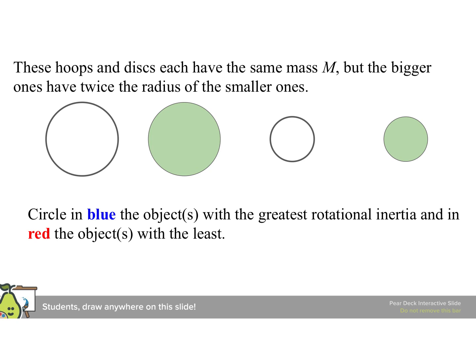All right, so we know that in general, the hoops will have more than the disks of the same size. So we know that this is more than that, and this is more than that in terms of rotational inertia. But we also know that it scales with the radius squared. So if they all have the same mass, right, if, as they say here, it's the same mass m, then the larger one will also have a larger inertia.